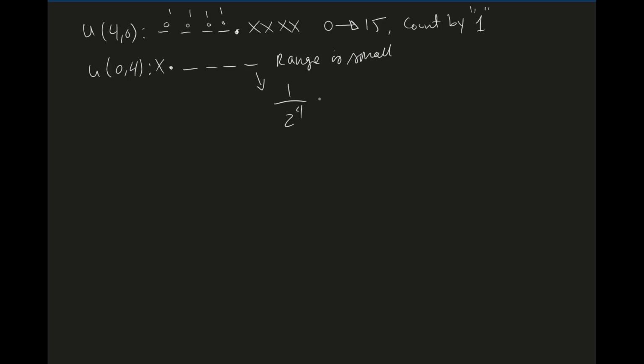So I can count by 1/16 increments. So the range is small, but my resolution is higher, right? So here my resolution is up, but the range is down. On the other hand, with the first one, the resolution is down, but the range is higher.